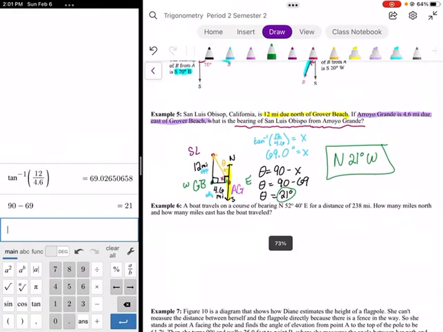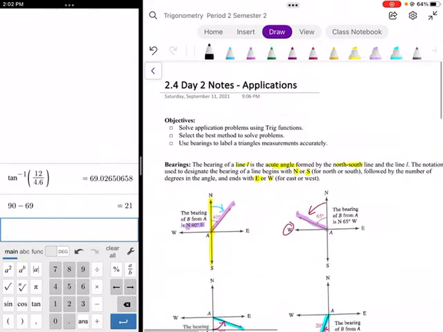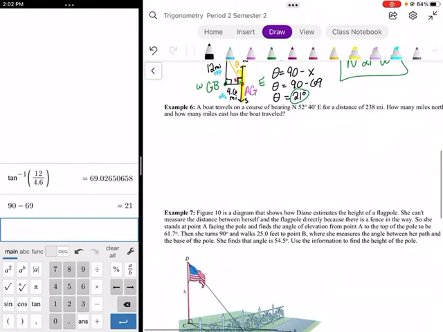All right, let's do another example. A boat travels on a course of bearing north 52 degrees and 40 minutes east for a distance of 238 miles. How many miles north and how many miles east has the boat traveled? So we're going to start with our axes.